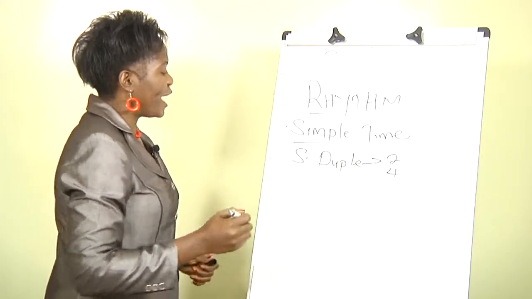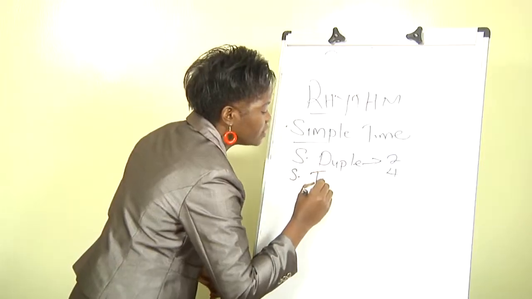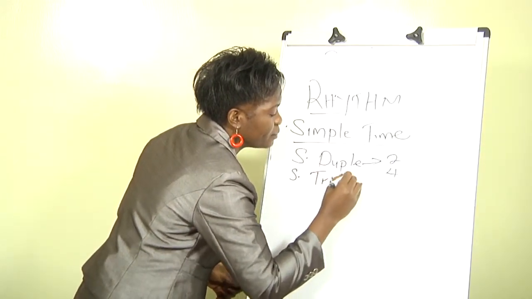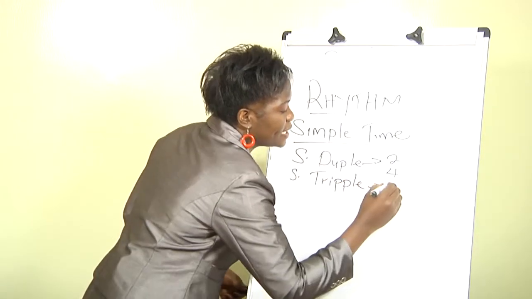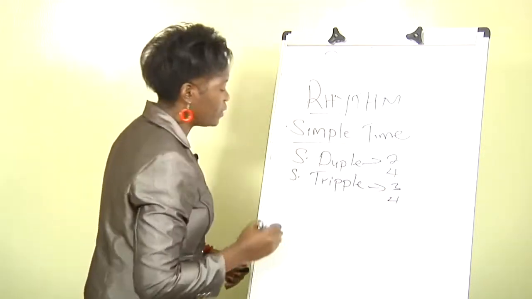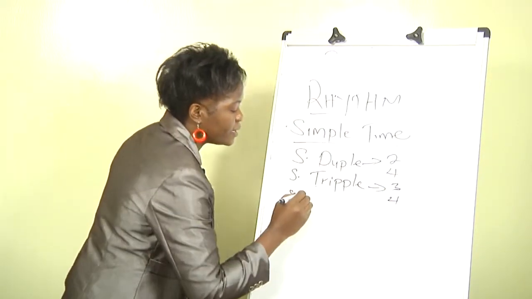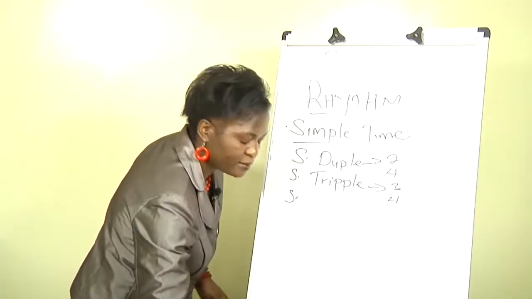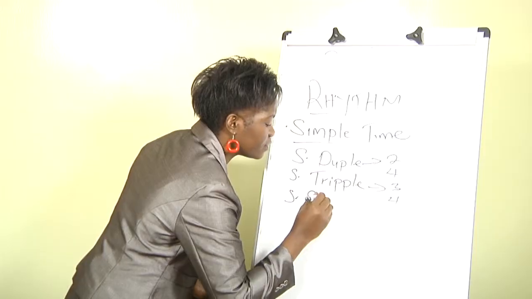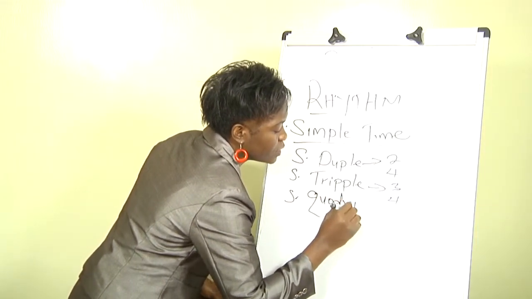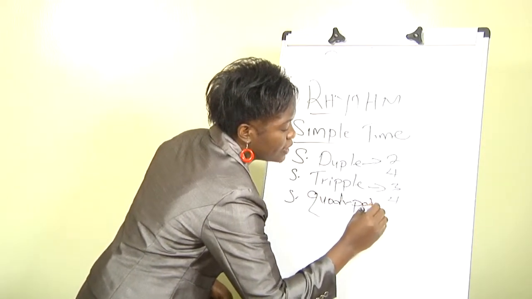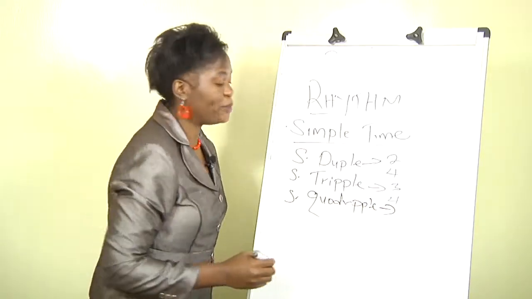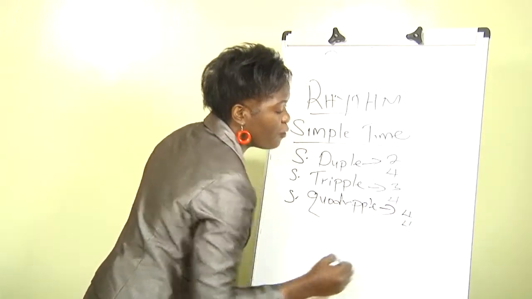Then we have simple triple time, which is 3/4. And lastly, we have simple quadruple time, and this one will be 4/4.